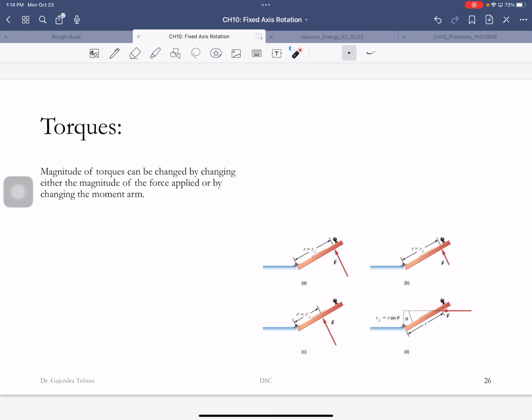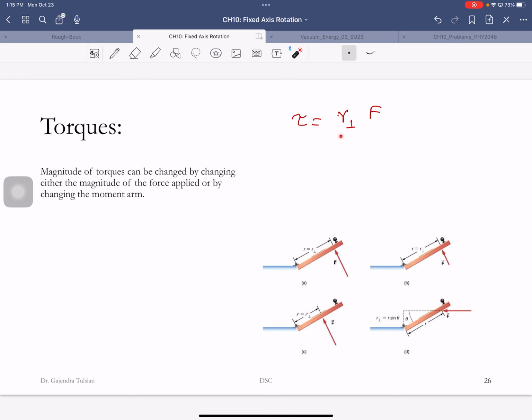So here's the deal. In this case, torque is this perpendicular distance, the distance from the axis of rotation, times the magnitude of the force.